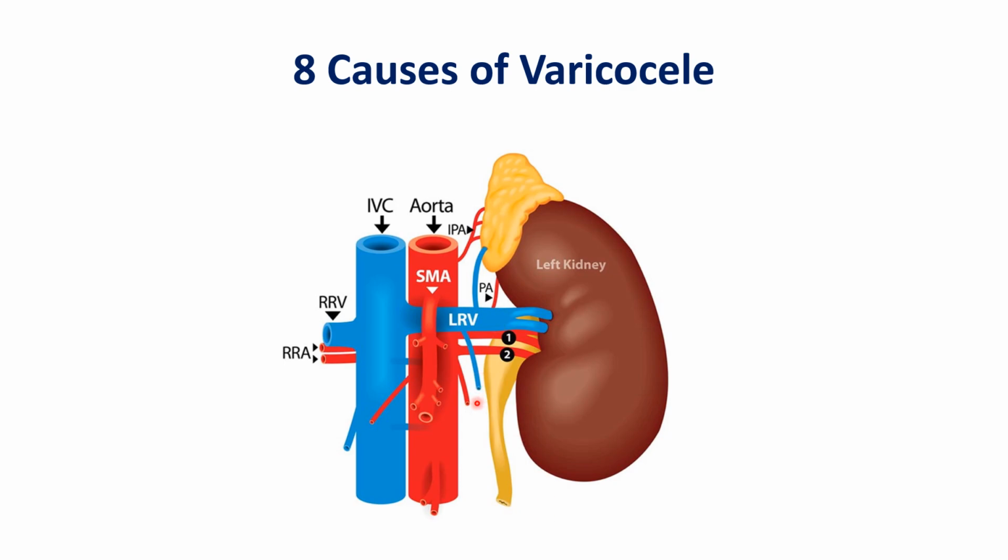The left testicular vein is closer to the kidney compared to the right testicular vein, so it is more liable to be compressed by kidney tumors. The left testicular vein is also liable to be compressed by the sigmoid colon. So that also is a factor which increases the possibility of varicocele on the left hand side.